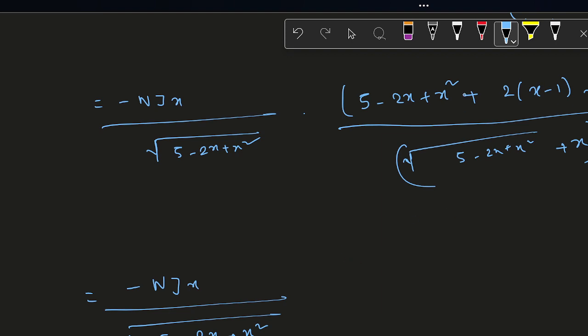So now we can simplify. 5 plus 1 makes it 6, minus 2 and 2, it is 4x, okay, and your 2x squared makes it 2x squared plus 2 into x minus 1 root over 5 minus 2x plus x squared.